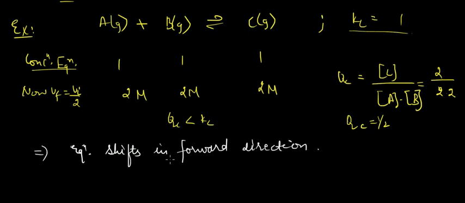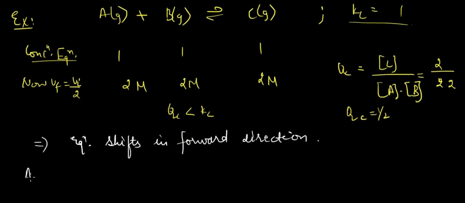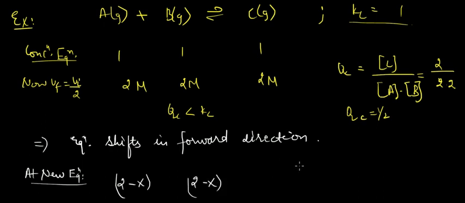Okay, so let's suppose at the new equilibrium, what happens is A is 2 minus x, B gets again 2 minus x, and 2 plus x of C is formed.